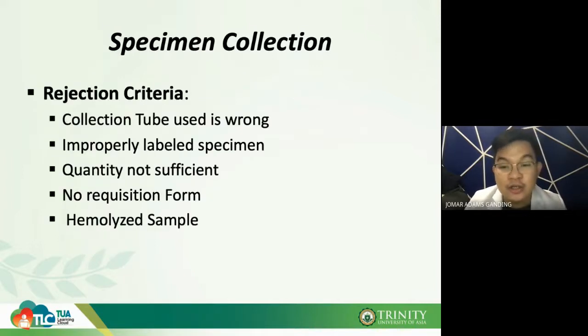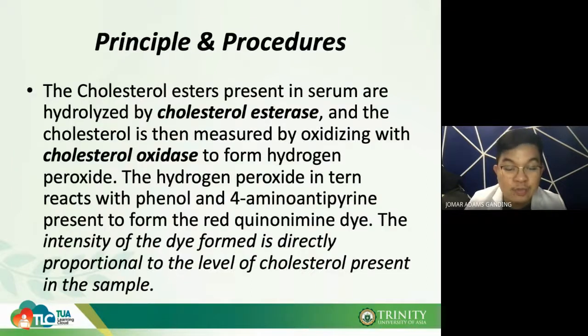The cholesterol oxidase method. The principle of the test is that the cholesterol esters present in the serum are hydrolyzed by cholesterol esterase. When we say cholesterol esters, these are the bonds seen in your cholesterol. So it is first hydrolyzed by cholesterol esterase, now liberating the cholesterol.